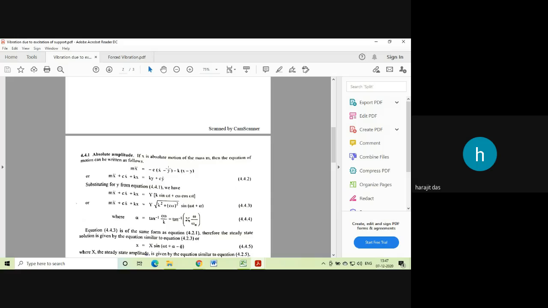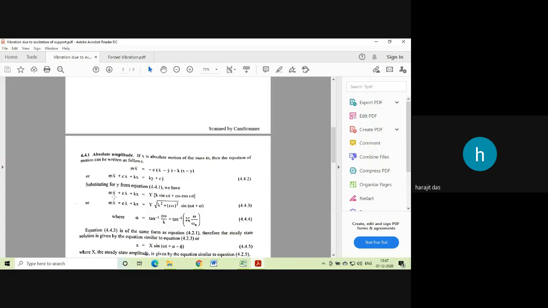If you simplify and take the x terms on the left hand side and the y terms on the right hand side, after arrangement you will get m·x double dot plus c·x dot plus k·x equals k·y plus c·y dot on the right hand side.